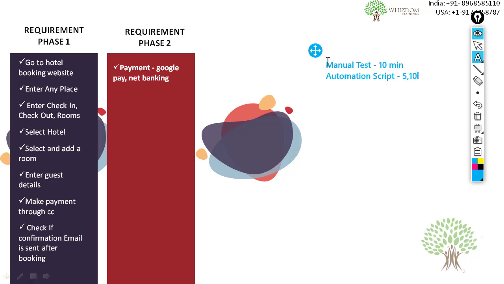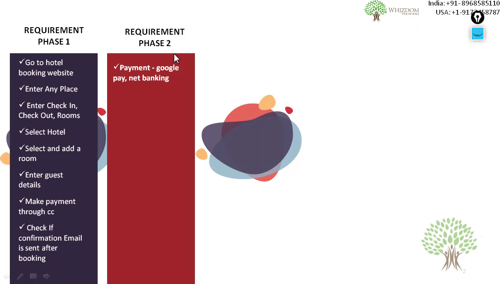It depends on the scenario. Automation script building is a costly process. It is a time consuming process. All right. So you have to again tell the client that fine, changing the script will take more time. Okay. And eventually the work gets done, right? And you implement the phase 2 as well.